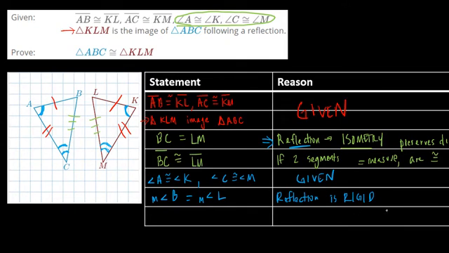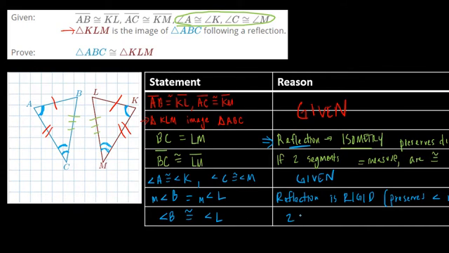So because the reflection is rigid, and that preserves angle measures, that means that if these two have the same measure, then they must be congruent. So angle B is congruent to angle L.